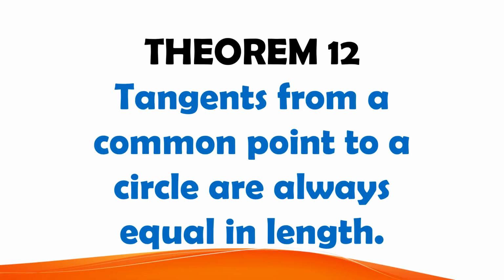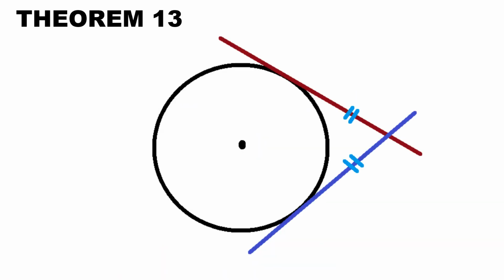Theorem number 12. Tangents from a common point to a circle are always equal in length. Now remember, yung tangents are lines outside the circle at tinamaan niya lang yung circle at exactly 1 point. Ano yung sabi ng theorem number 12? Okay, so ganito yung ibig sabihin niyan.